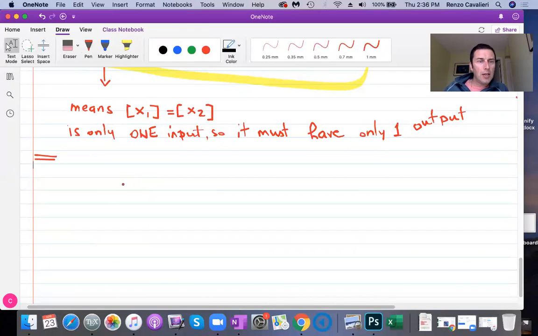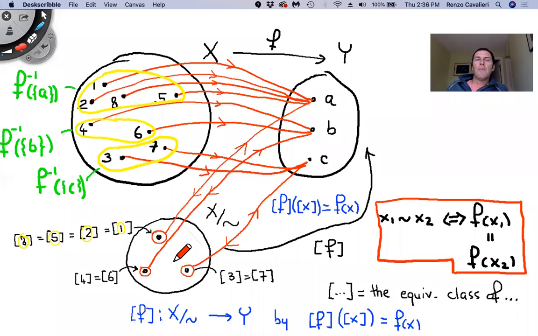So in problem 8.3, let me go back to this picture. We started with a function. We created an equivalence relation on X, and we obtained a bijection between the quotient set and Y.